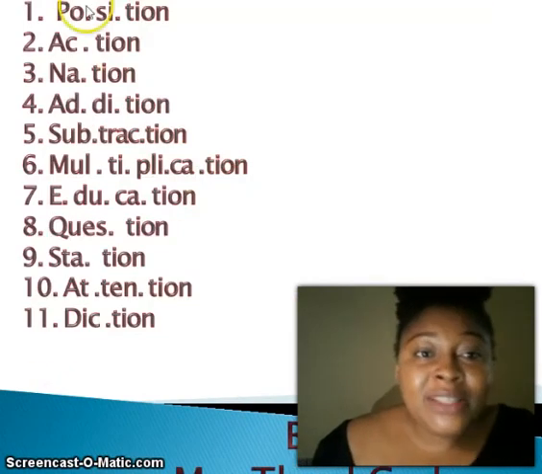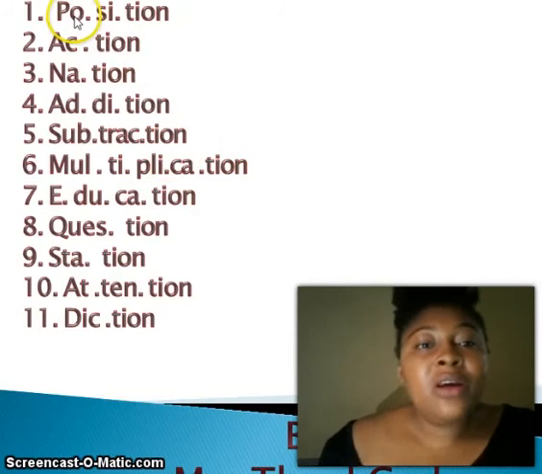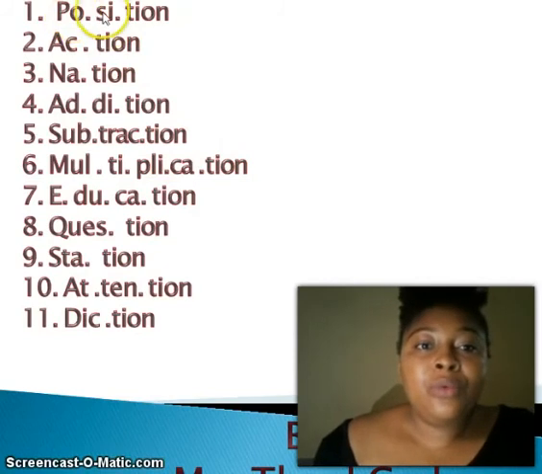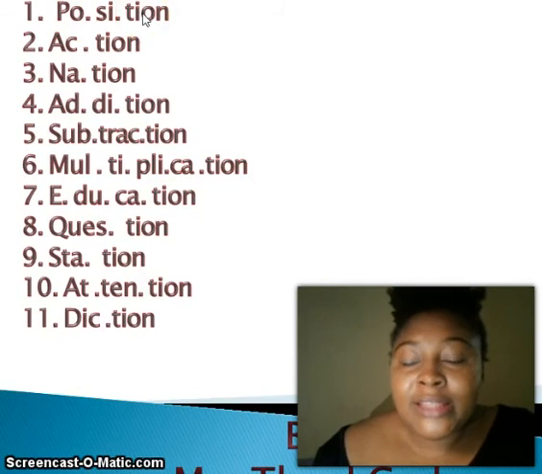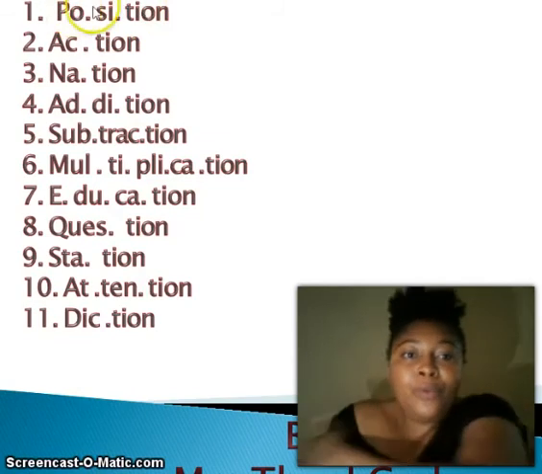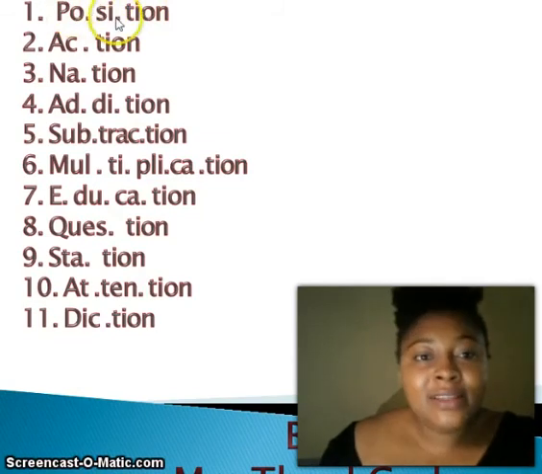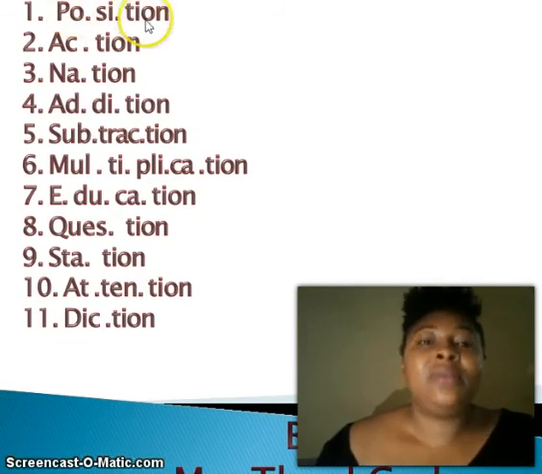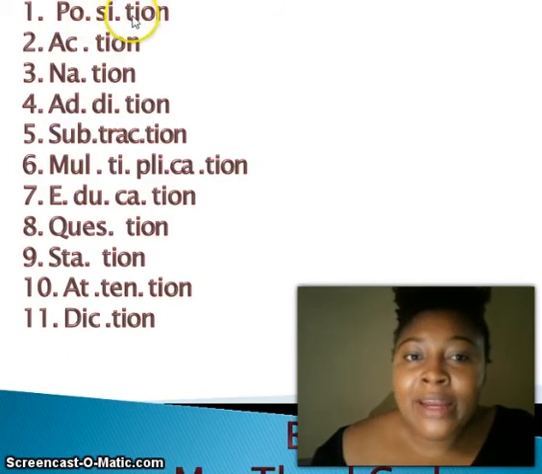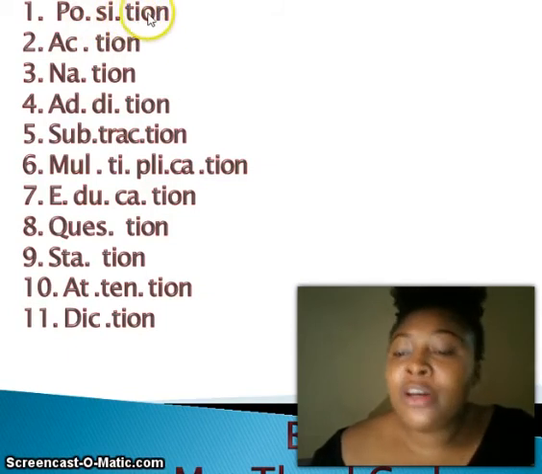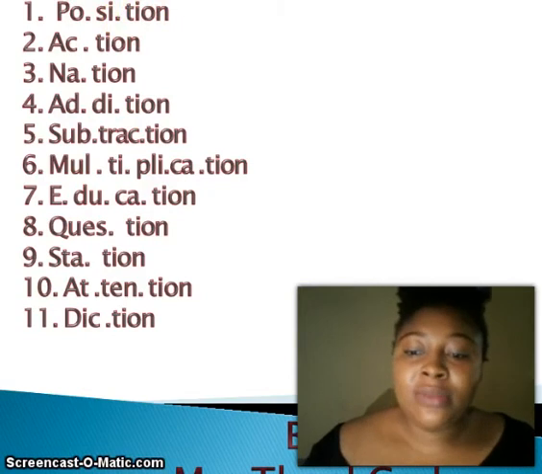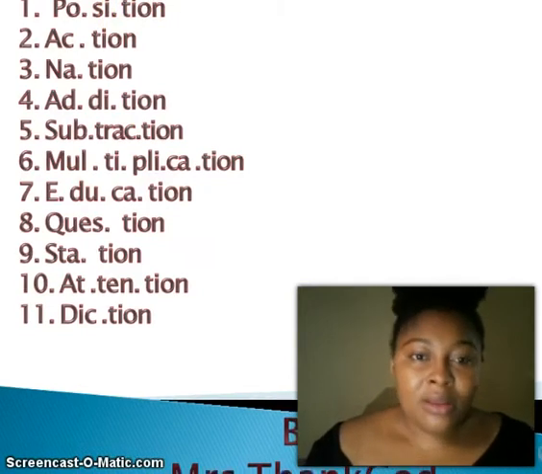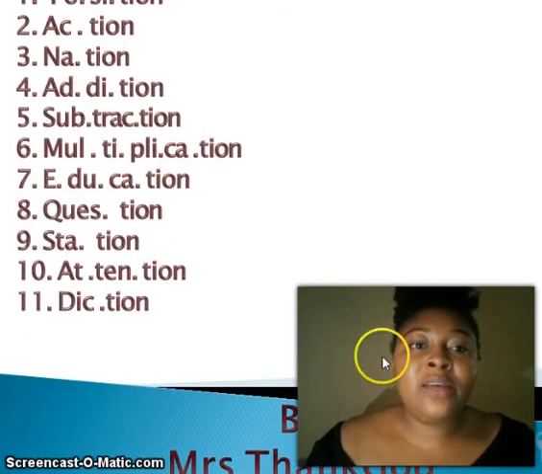So, how many syllables does the word position have? Po, zi, shin. Let's look at the word again. Po, zi, shin. So you heard the ending part, the suffix here says "shin." Position. Okay?